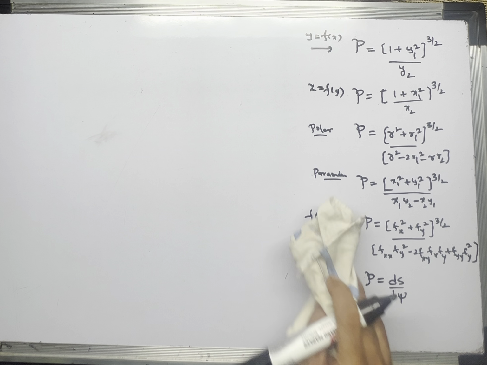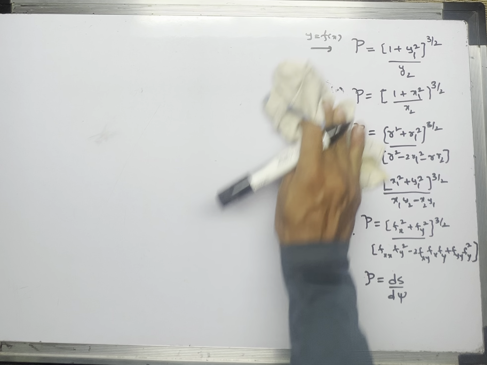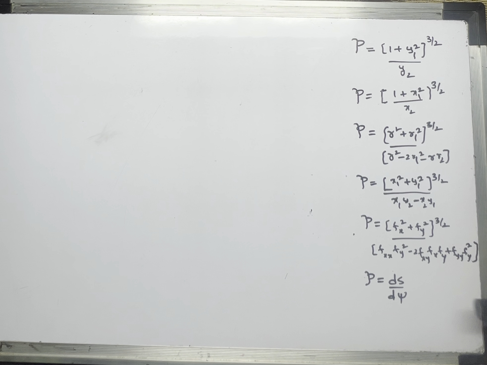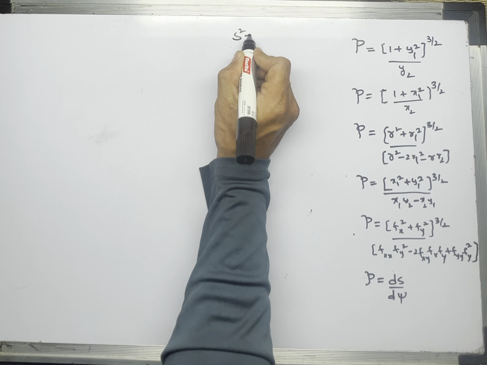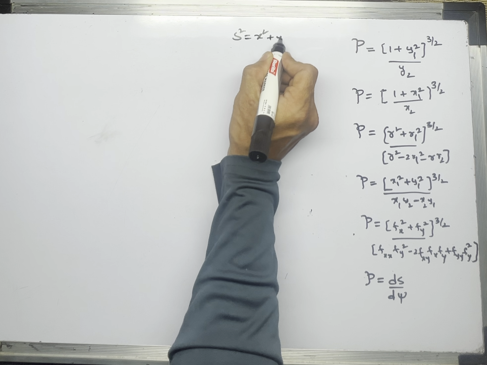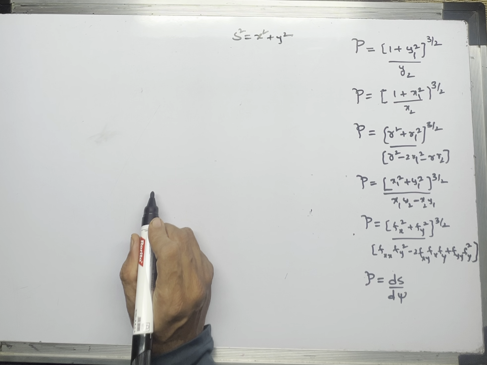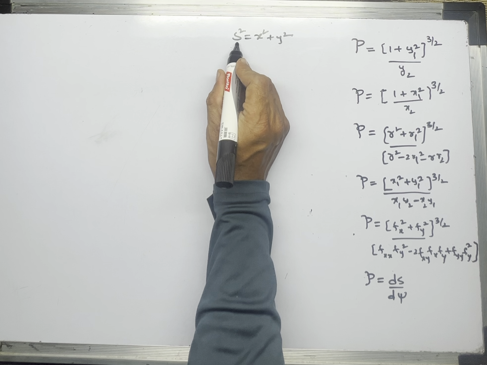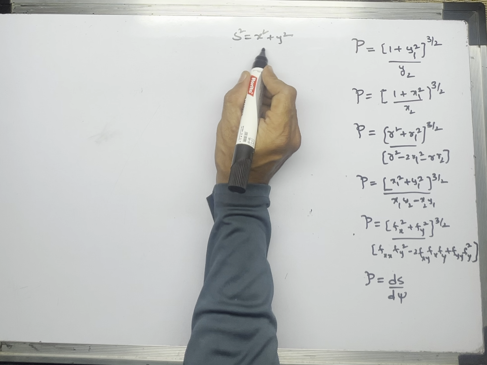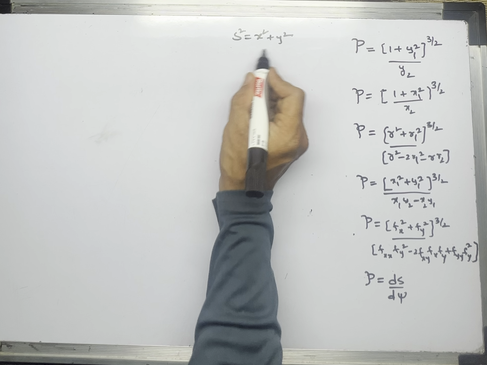Then one basic formula is also there: rho is equal to ds by d psi. To find this, suppose s square equals x square plus y square. From curvature, if an arc is given to us, this condition is satisfied for every arc: s square equals x square plus y square.